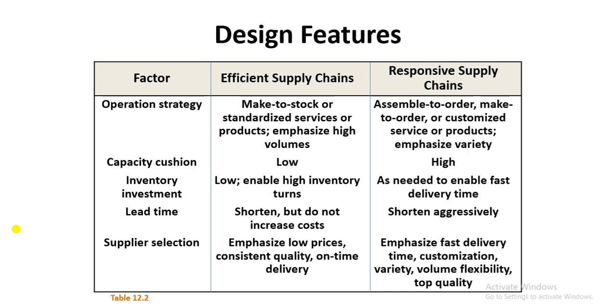As you know, we are discussing the design of supply chains, which is chapter 12 of your textbook. In the previous lecture, we have studied the main two categories for supply chain designs. First one is called efficient supply chains, and second one is called responsive supply chains.